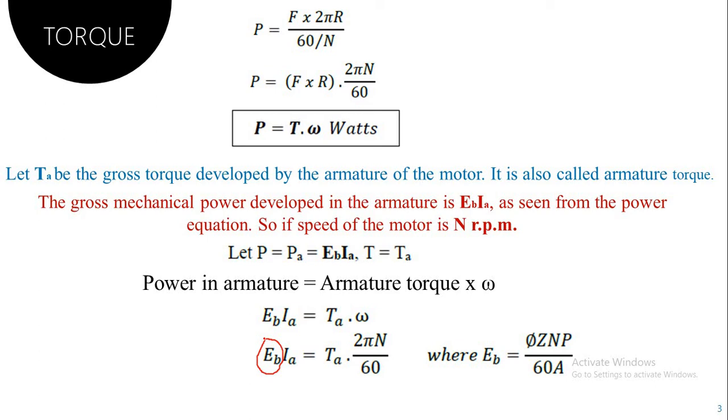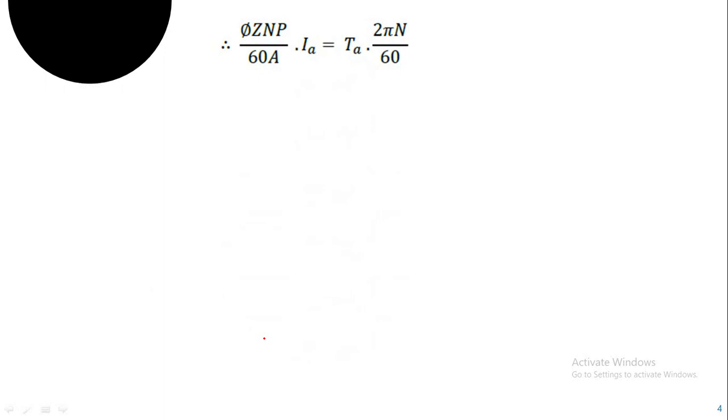So phi Z N P by 60A into IA equals TA into 2 pi N by 60. Here N and N get cancelled and 60 and 60 get cancelled, and we can get the armature torque expression.